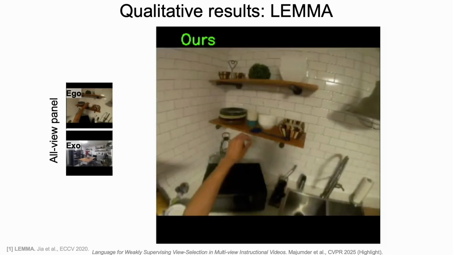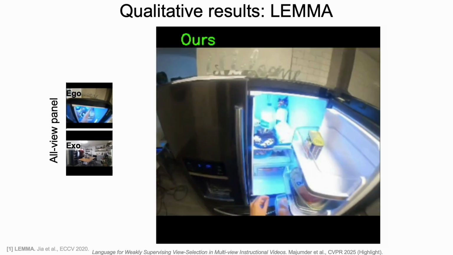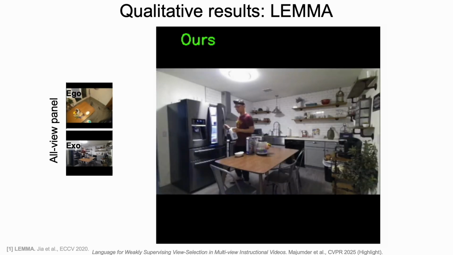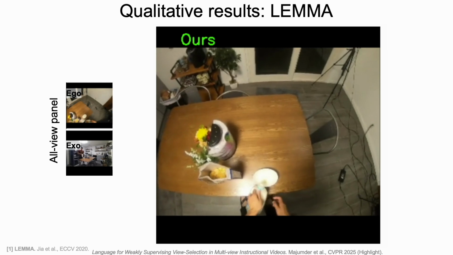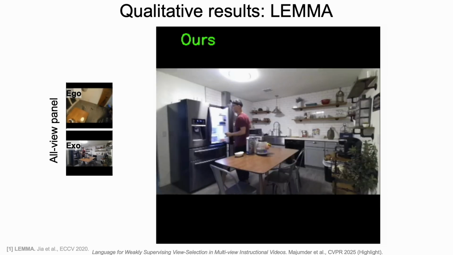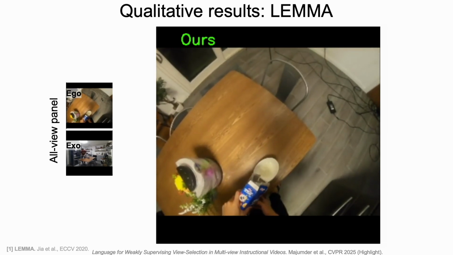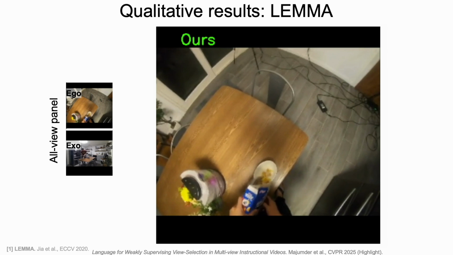Here is a similar example from the Lemma dataset. Note how our model chooses the ego view when the person is looking at their hands when interacting with objects.